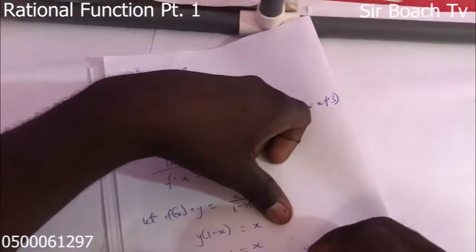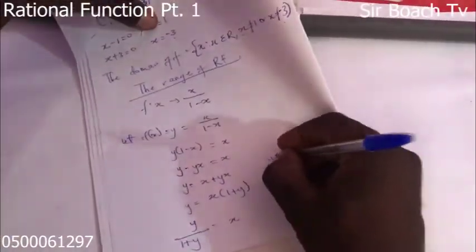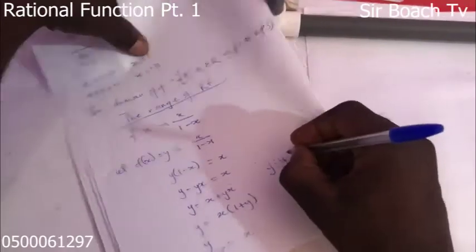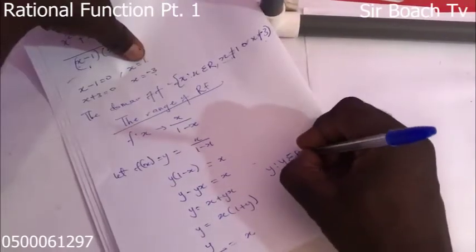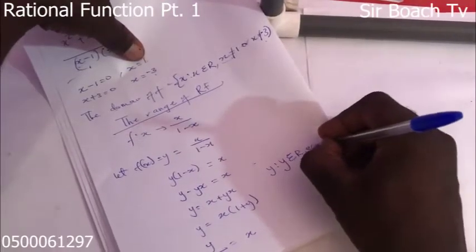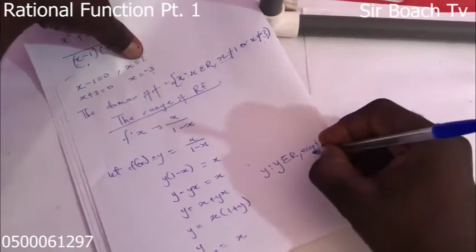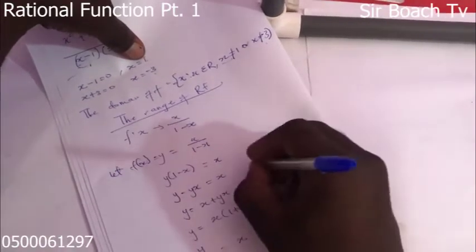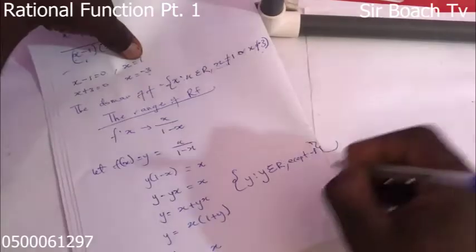That is the range. So we write it like this: y is such that y belongs to all real numbers except -1. So that's how you put it.